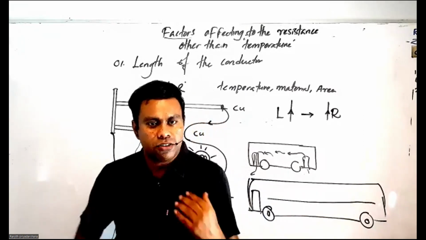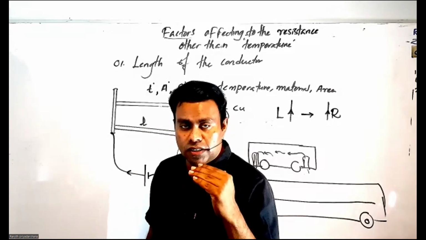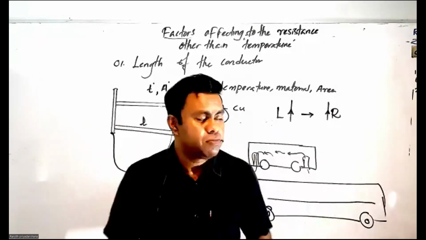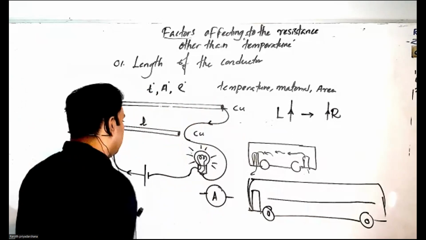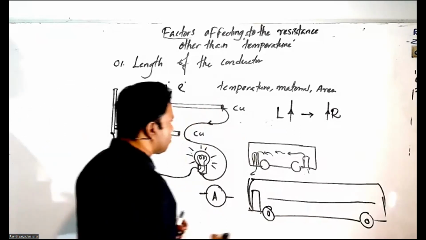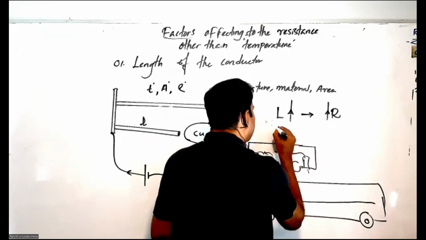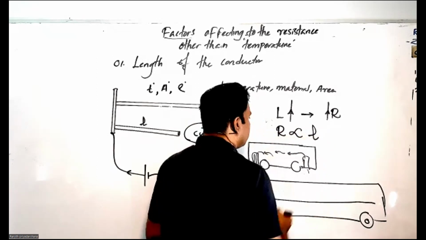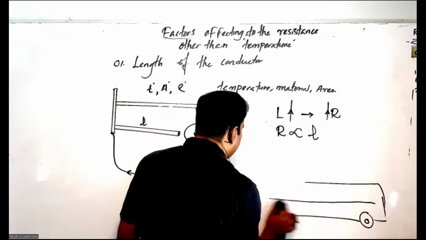But you have to strike with the element atoms. Although the temperature is the same, the way they oscillate is the same, you have to withstand this high impedance with the length. Then you know, resistance is directly proportional to the length. Resistance is directly proportional to the length.